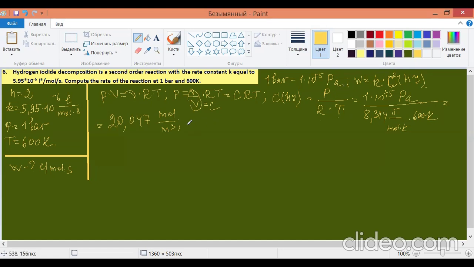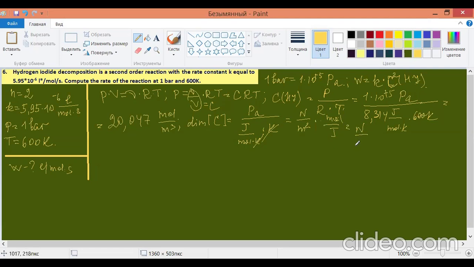So the dimension of the concentration is equal to Pascal over joule per mole per Kelvin, times Kelvin, cancellation. So Pascal is equal to Newton over a square meter, right? While if we divide Pascal by this fraction, we get finally mole per joule, right?